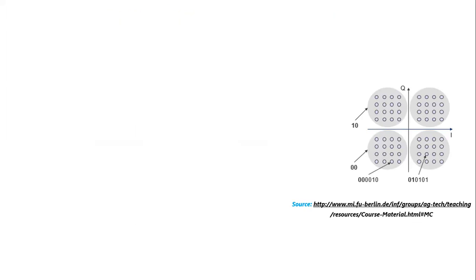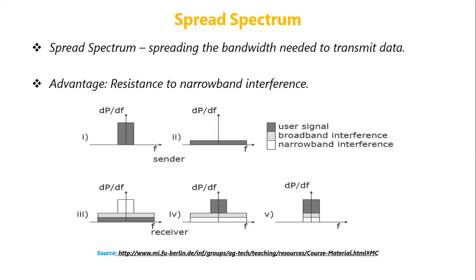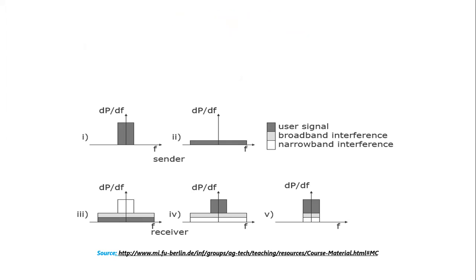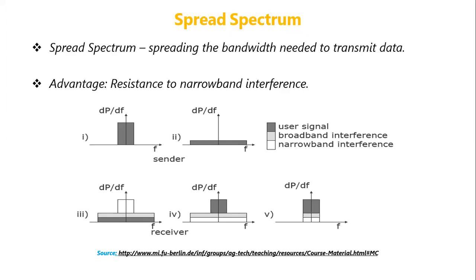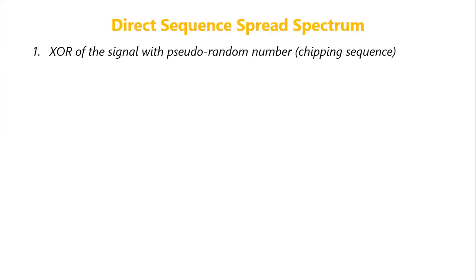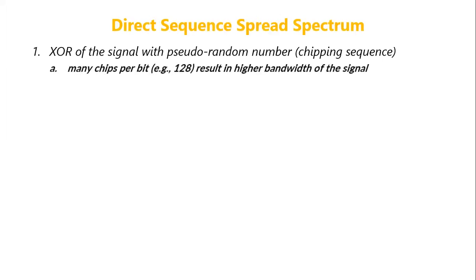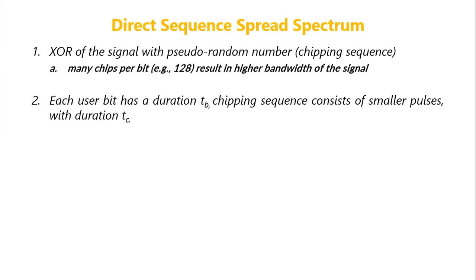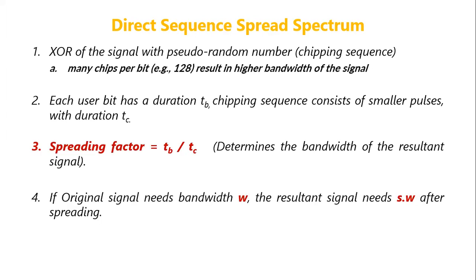Basically to reduce narrowband interference. Initially we discussed overall how the concept of spread spectrum works with these diagrams, and then we went on to discuss two types of spread spectrum. One is direct sequence spread spectrum, the other one is frequency hopping spread spectrum.